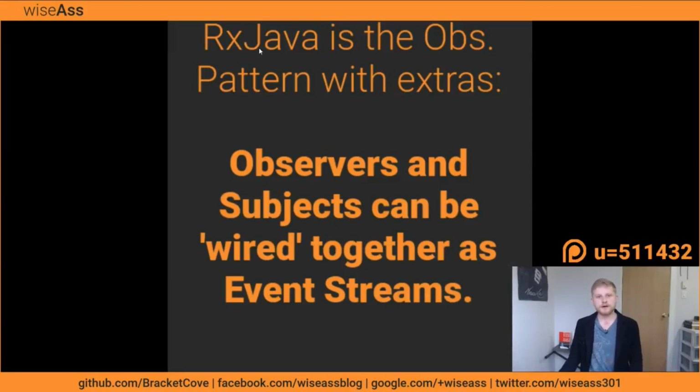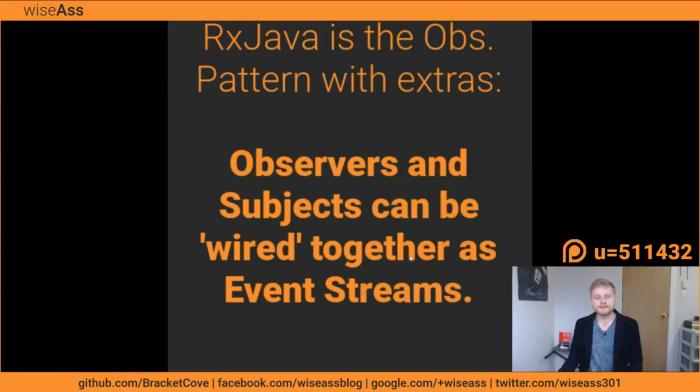What RxJava allows you to do is compose, build, create and wire together these observers and subjects. And this is not meant to confuse you, but something can be an observer and a subject. We'll see that later.